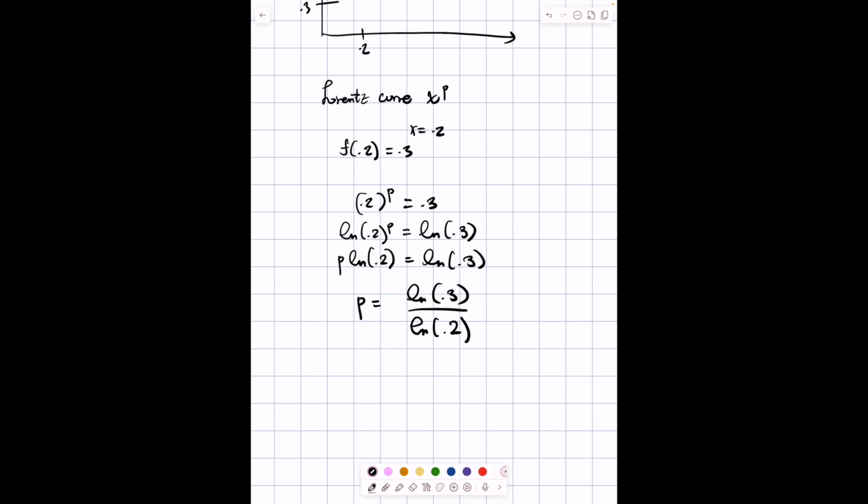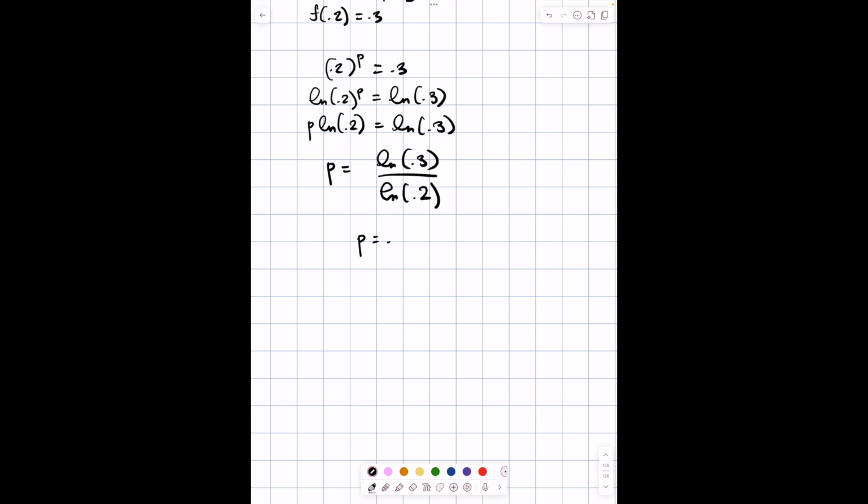And then if you plug it into the calculator, p is equal to 0.748.